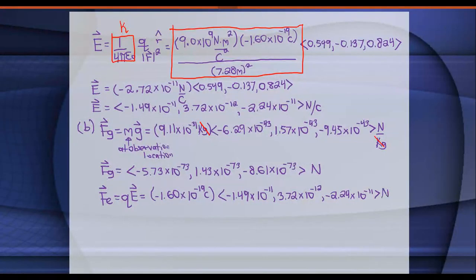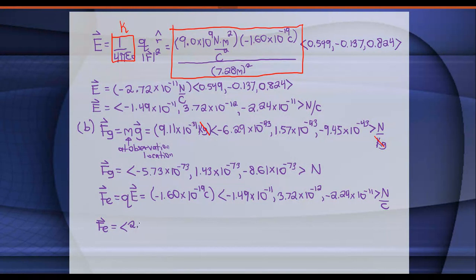The units this time around are newtons per coulomb. Let's multiply these by the number on the outside, and we're going to get the electric force acting on that electron at that location.